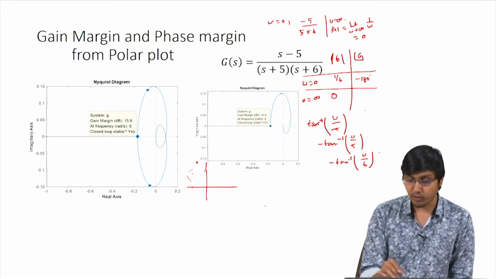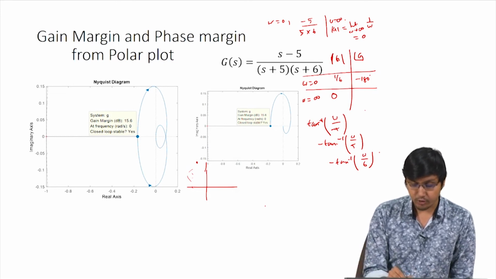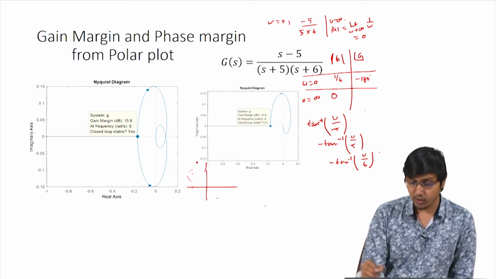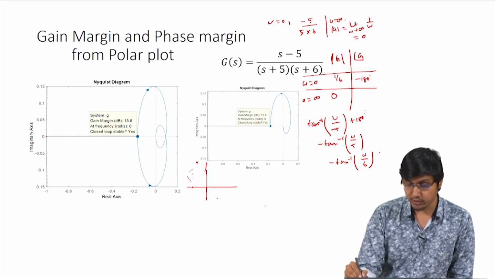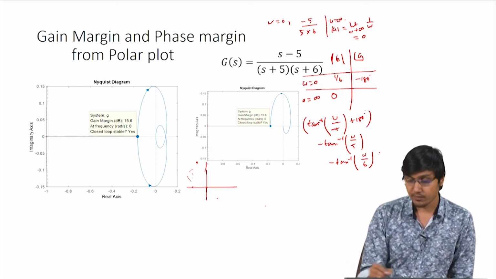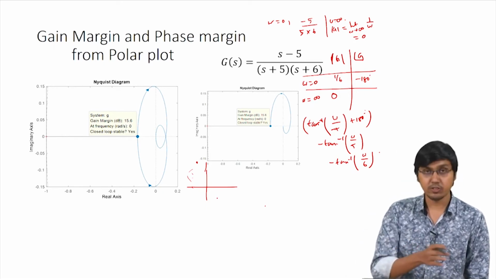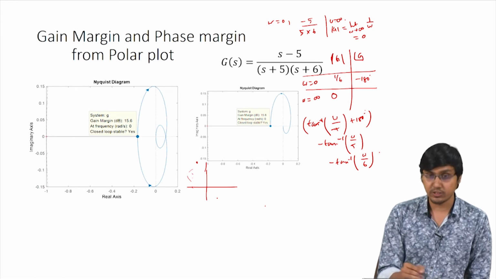Whatever angle you get, this and this are symmetric when you take the tan inverse. So you have to add 180 degree here, so that you shift it back to this quadrant. If you refer to the complex number material from your school textbook, you will understand why we need to shift this angle here.